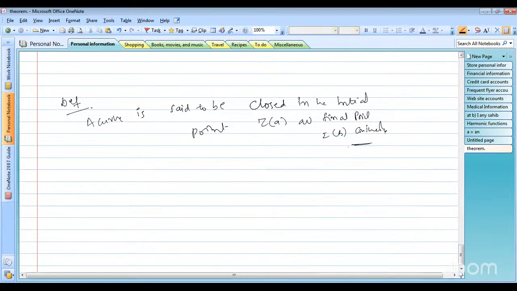Initial point z of a and final point z of b coincide, so z of a is equal to z of b. We return to the same point.